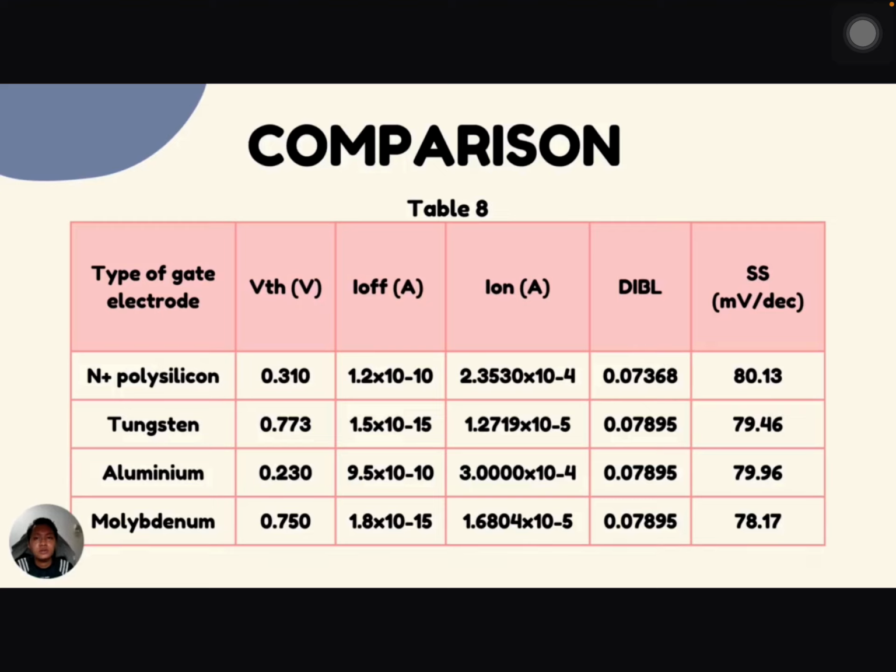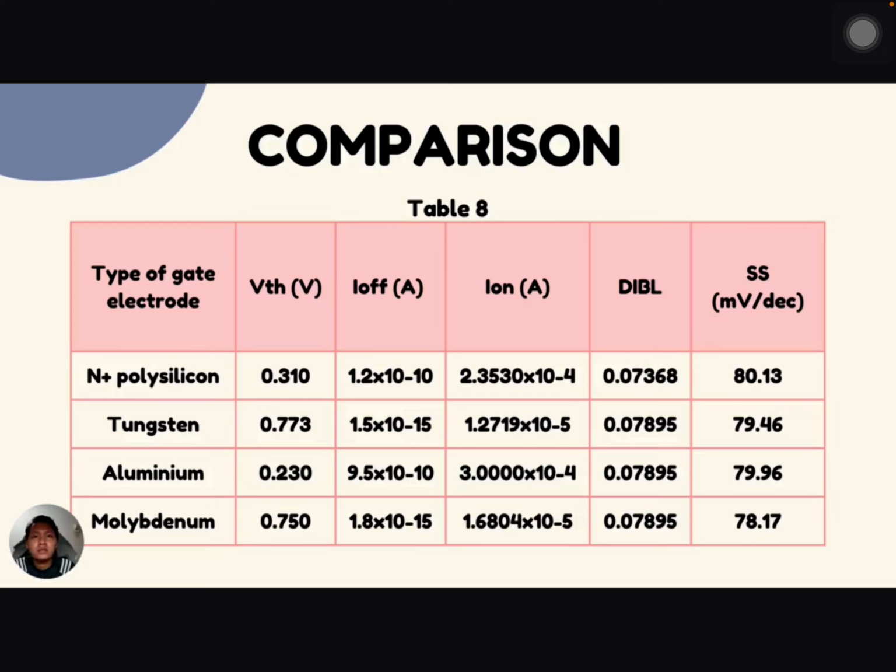This is due to the fact that these metals have different work functions. Next is for I off and I on current. The table shows aluminum has the highest I off and I on, and tungsten has the least values of I off and I on.